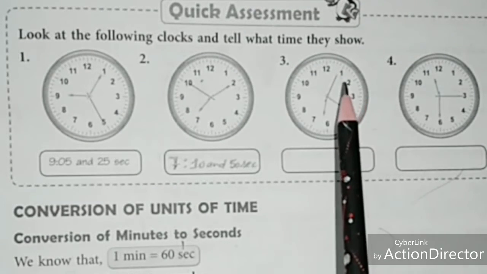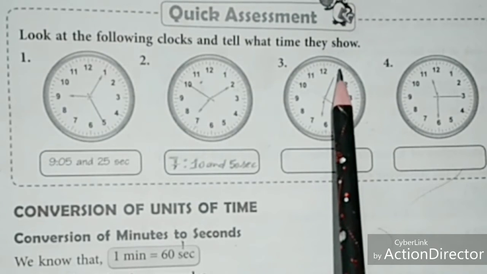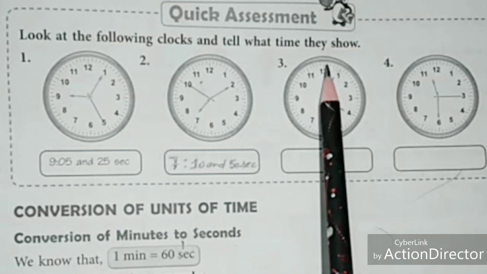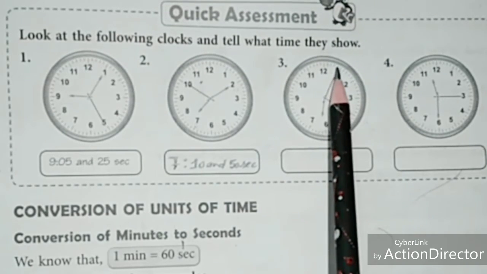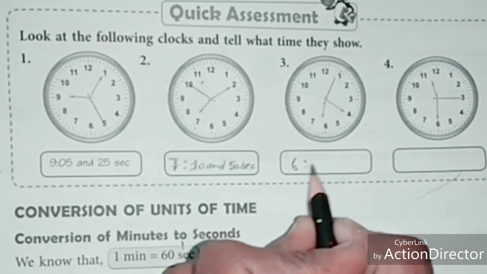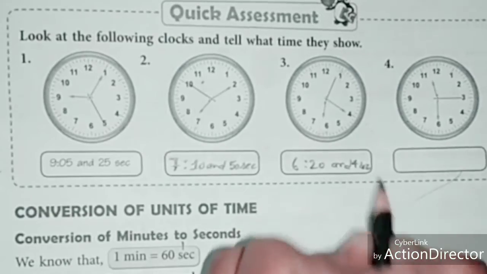The second hand is 1 minute before, so count from here 1, 2, 3, 4 seconds. So here we write 6 hours 20 minutes and 4 seconds.